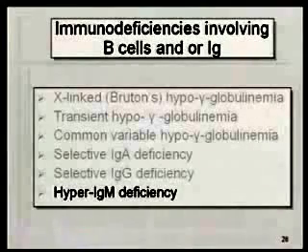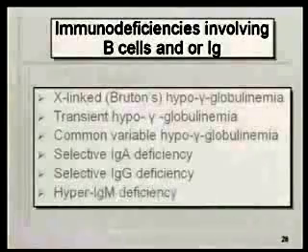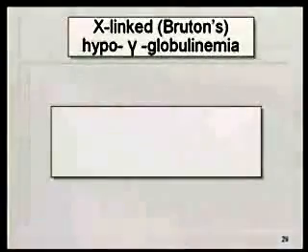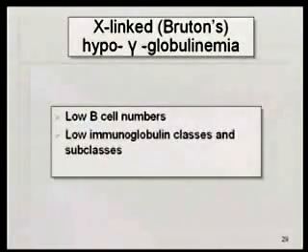And that has all been covered in the general immunology lectures. Okay, X-linked agammaglobulinemia is characterized by low B cell numbers and low immunoglobulin classes and subclasses of all immunoglobulins.